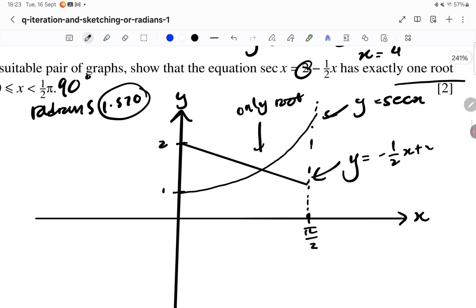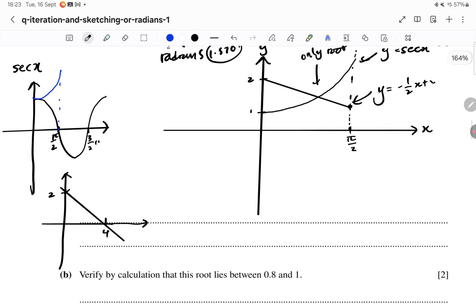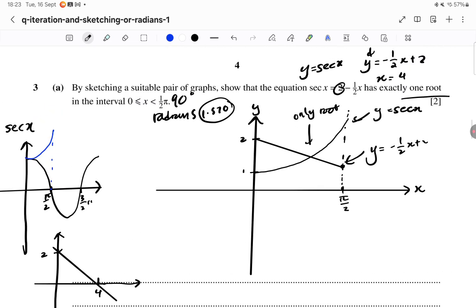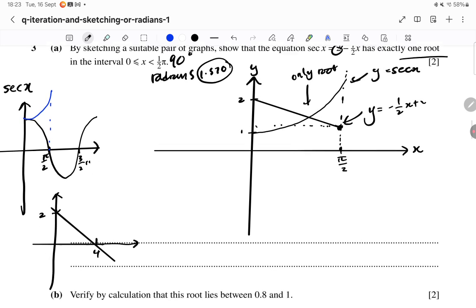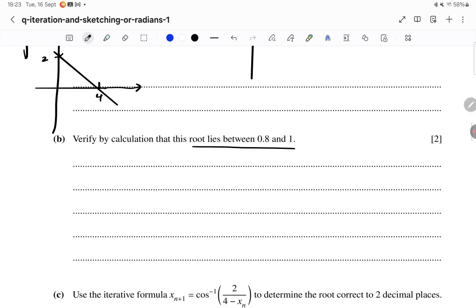At this point, when x is 1.57, and you sub it into your equation, minus 1 over 2x plus 2, you're getting 1.2, which is slightly above the x-axis here. That's why the line should end here. It shouldn't be touching the x-axis. So you can just convert this value into digit form and sub it in to get your answer. It's easier to graph. So again, verify by calculation that the root lies there.